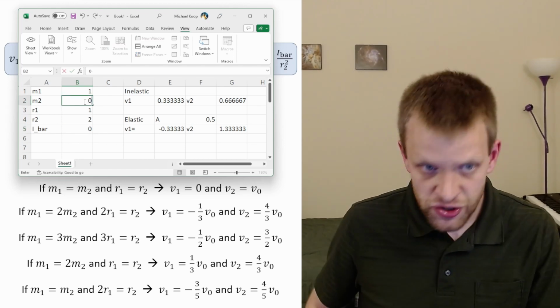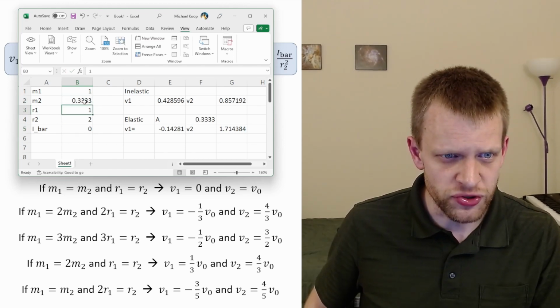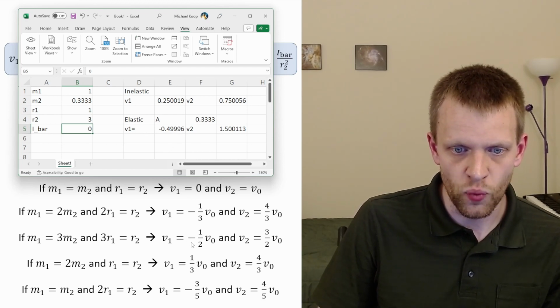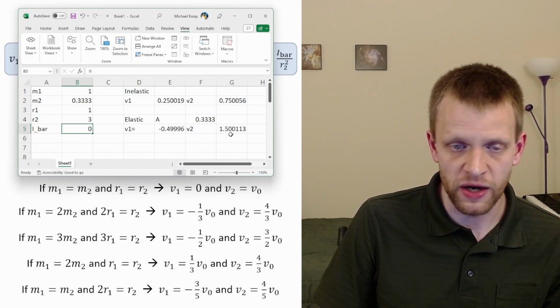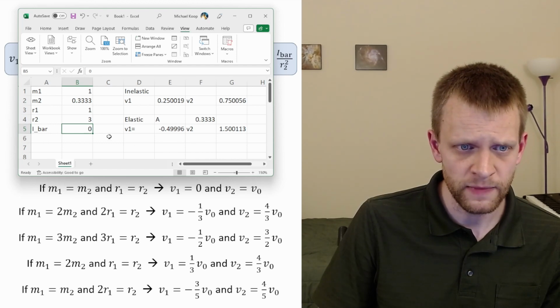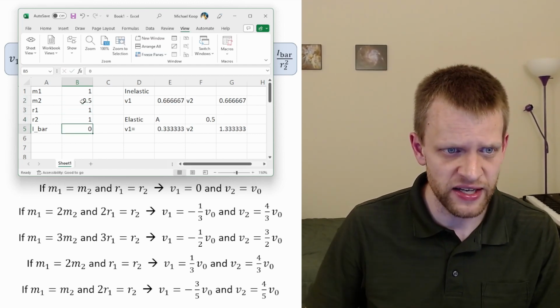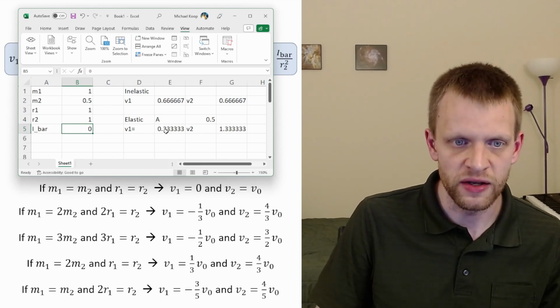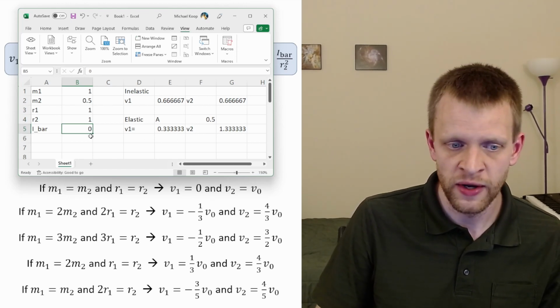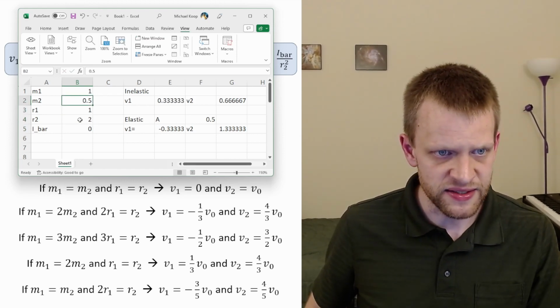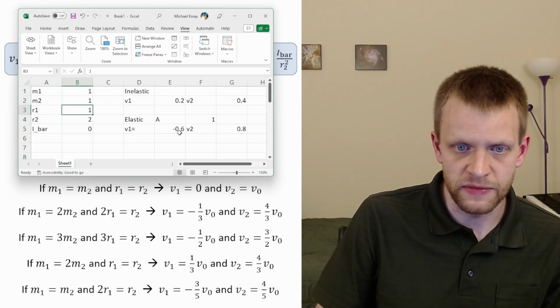If it is m2 is a third the mass at 3 times the distance, well, there's our negative 1/2 and our positive 3/2. And then again, we can look at this in other cases where m2 is half the mass, but it's at the same distance. There's our 1/3 and 4/3. Again, we can go through these different cases and identify these different properties.